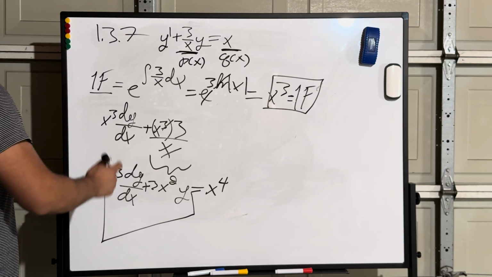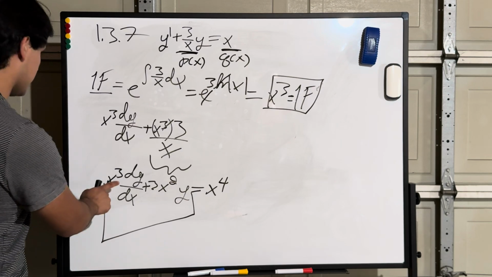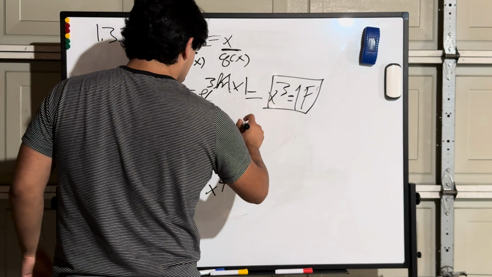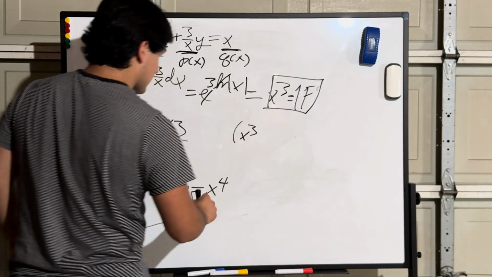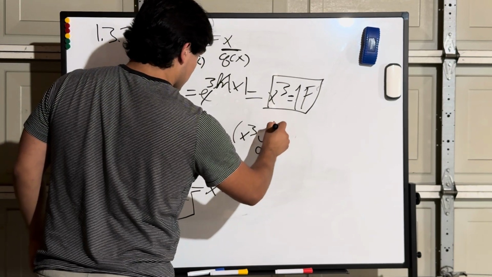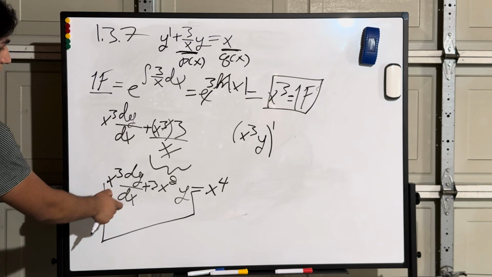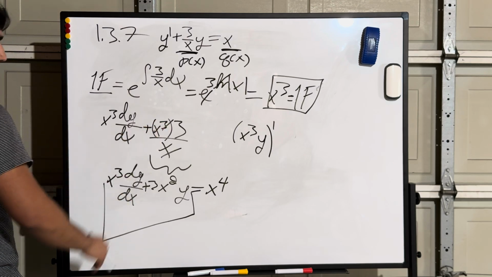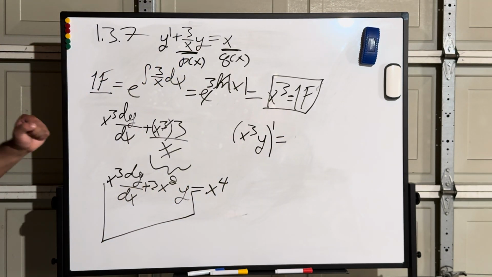So we do this by, okay, so we have x cubed y prime, dy over dx, derivative of y with respect to x, right? And we solve this real quick.